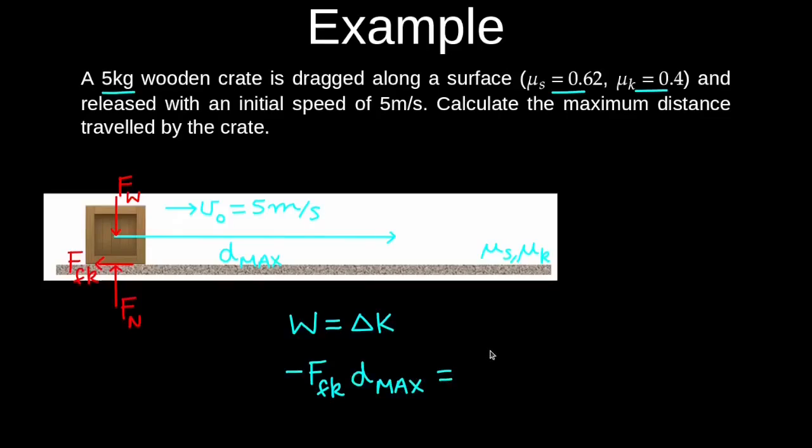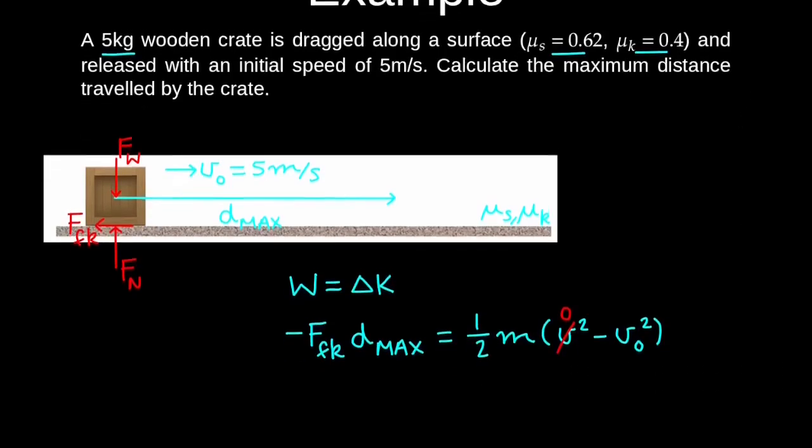is equal to the change in kinetic energy, which is 1/2 by the mass of the wooden crate by the final speed squared minus the initial speed squared. So when the crate reaches a maximum distance, the final speed is 0, and the kinetic friction force is basically the kinetic friction coefficient by the normal force, which we can obtain by vertical equilibrium.